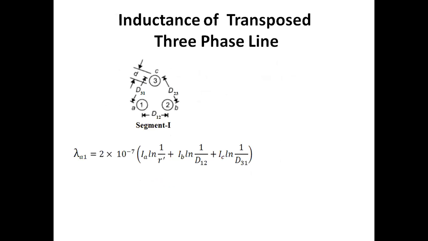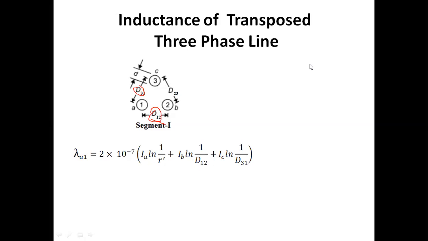So lambda A1, the first flux linkage, is 2 into 10 to the power minus 7 into IA, the self current, ln 1 by R dash, plus IB, the current in B phase, ln 1 by D12, the distance from A to B, plus IC ln 1 by D31. These are the distances. This is for segment 1.